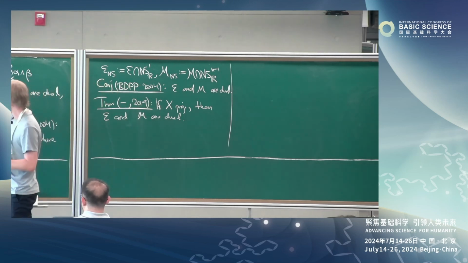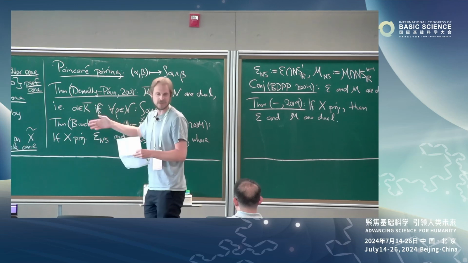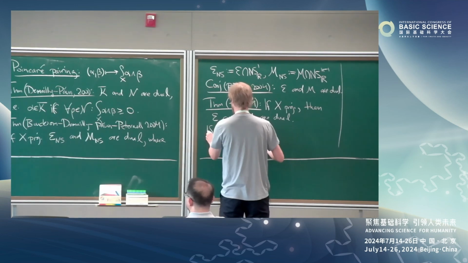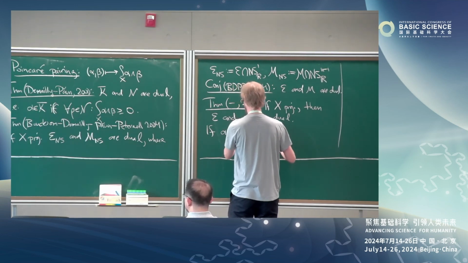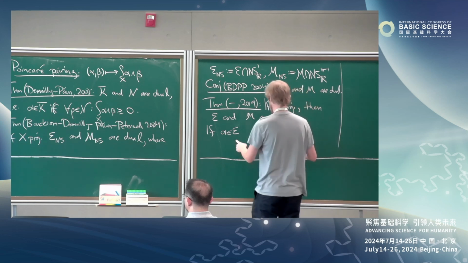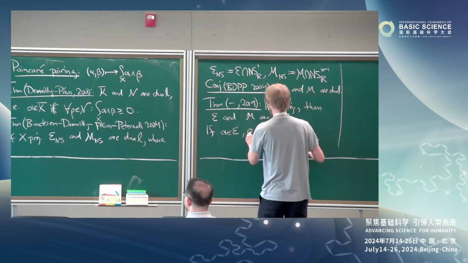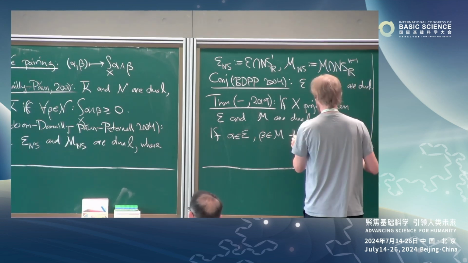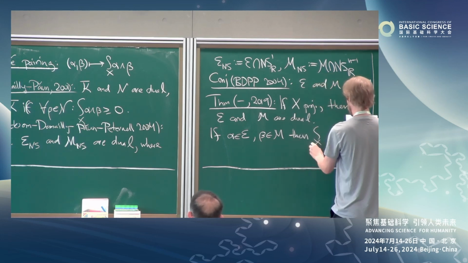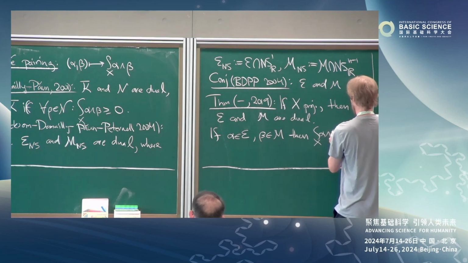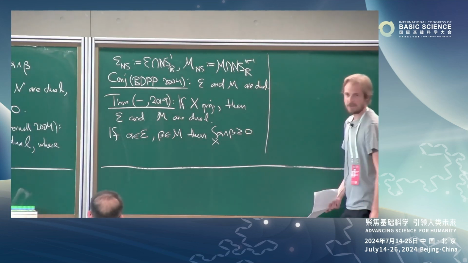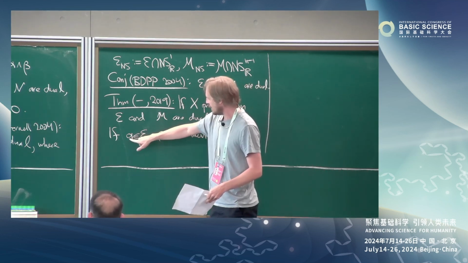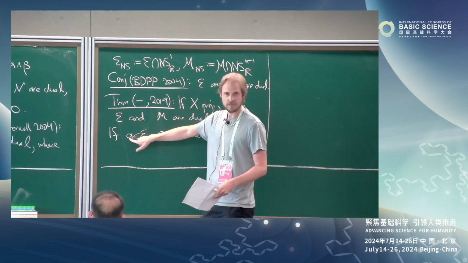as I said here, there's one aspect which is easy. If alpha is pseudoeffective and beta is movable, then you can see that this pairing is non-negative, and that's because you can take a closed positive representative here, right?